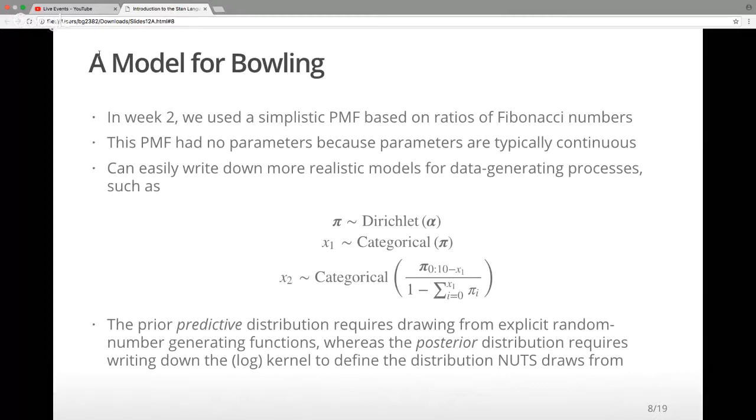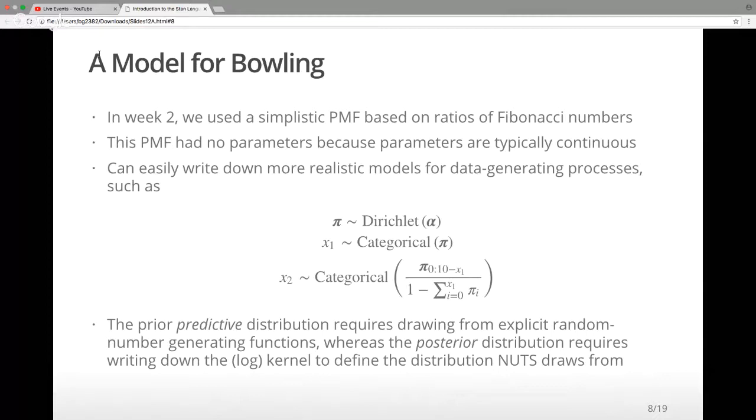All it took in was the number of pins still standing, and it output the probability of knocking down x pins. That's because parameters are typically continuous, but you typically start learning about probability with discrete random variables.